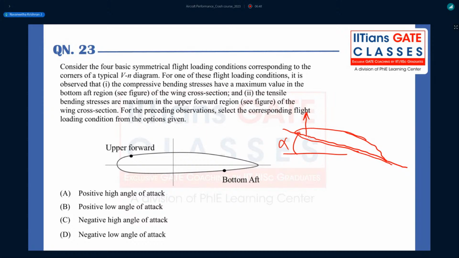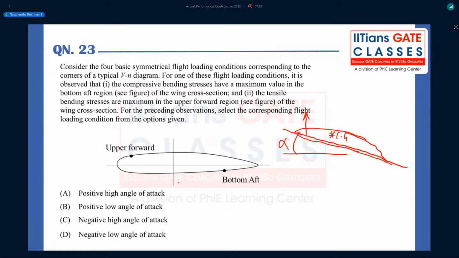Now what happens when the center of pressure point is acting forward? The CG will be somewhere here. This will compress the upper region. The lower region will experience a tensile force.